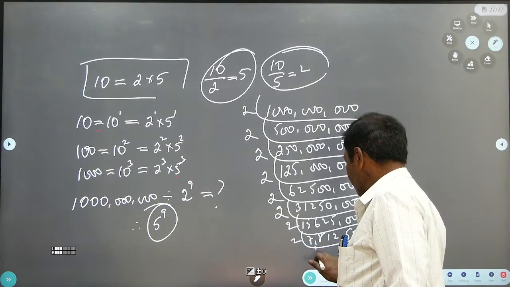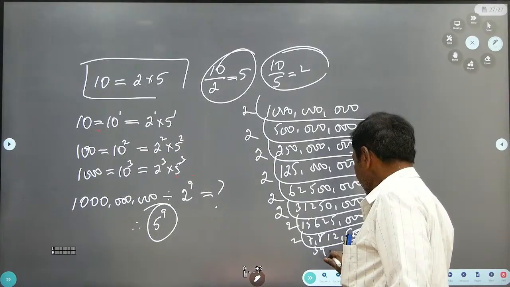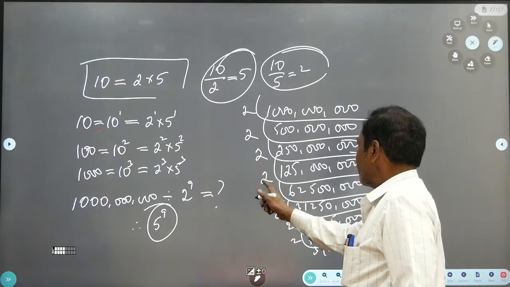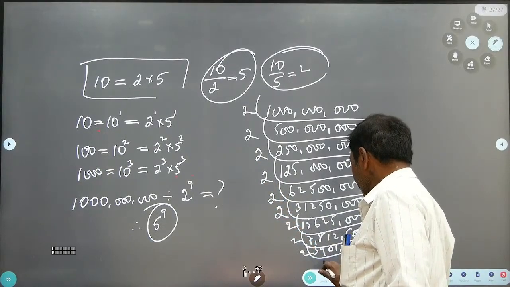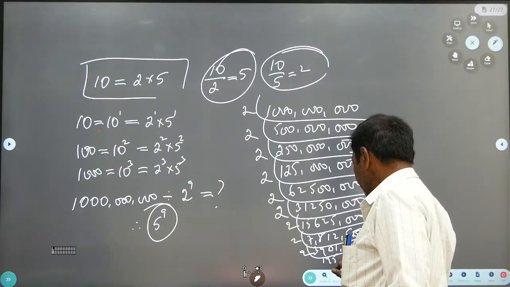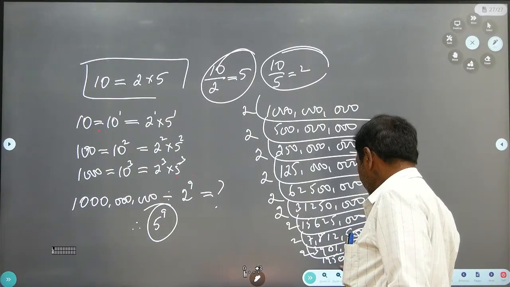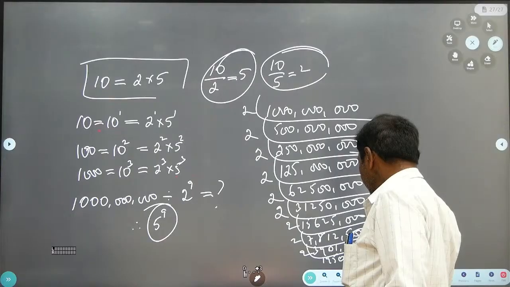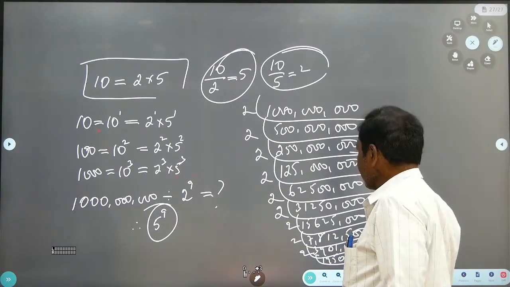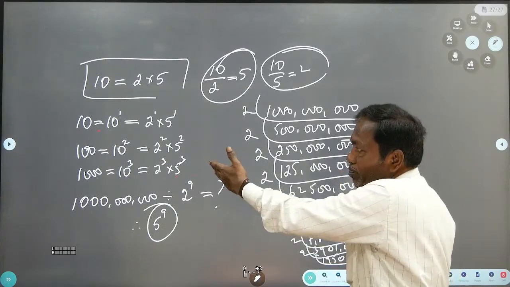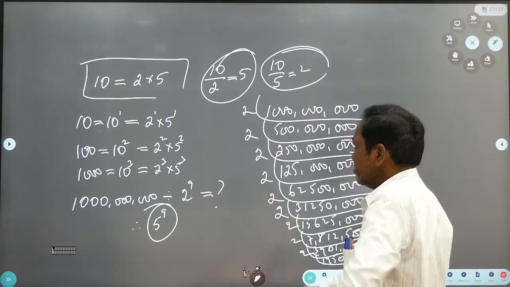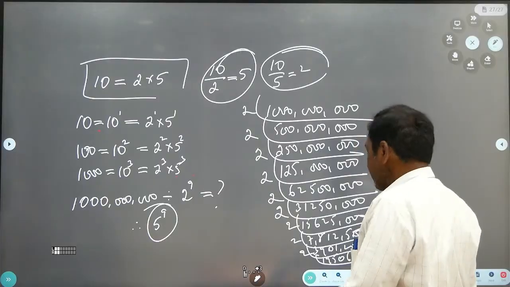It will go on. See how difficult. Now it will change. Like that it will come. See, so complicated, highly complicated. So that way they come up with a question like this.